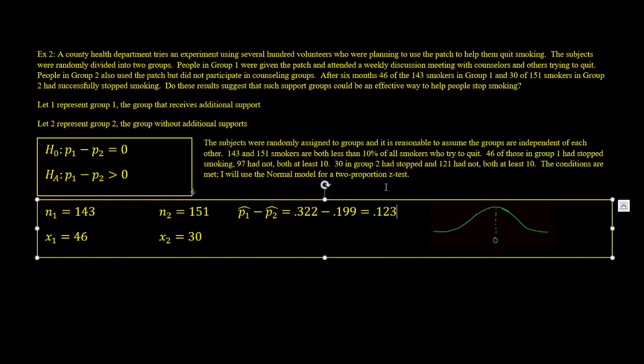We have a difference of 0.123 actually, so that's on the right hand side since it's positive. Over there we're going to shade to the right. That's what we're looking for. We want to find the area to the right. So if we were doing this by hand, we'd have to look at our table and do 1 minus the proportion we get. Our z-score was 2.41, and we had a p-value of 0.008.